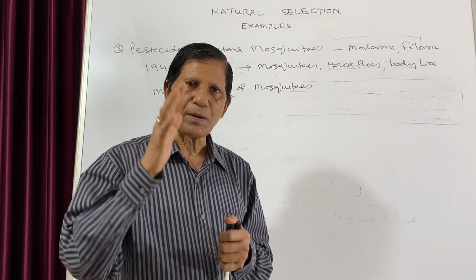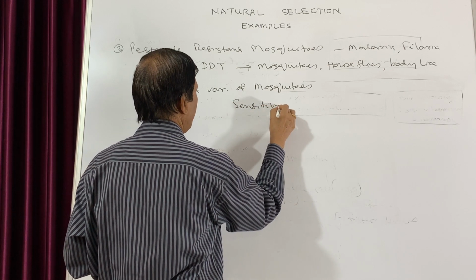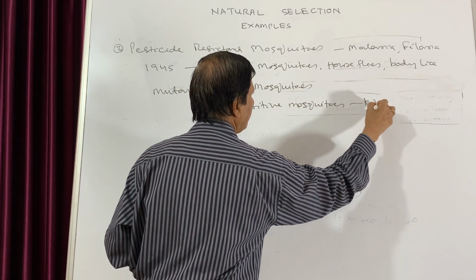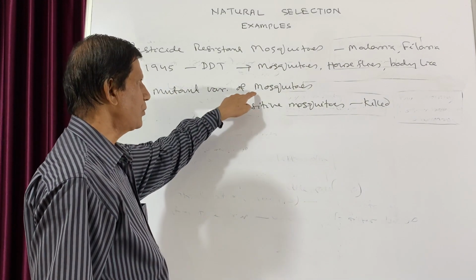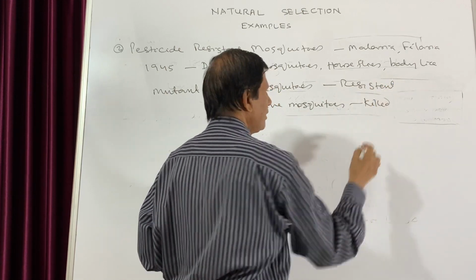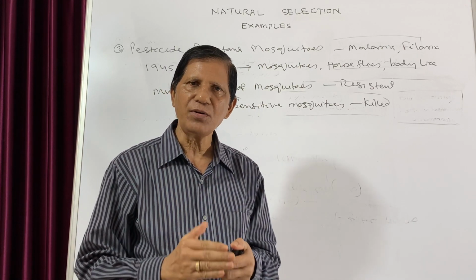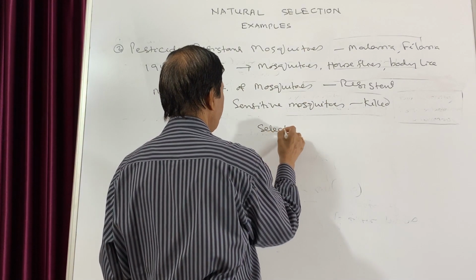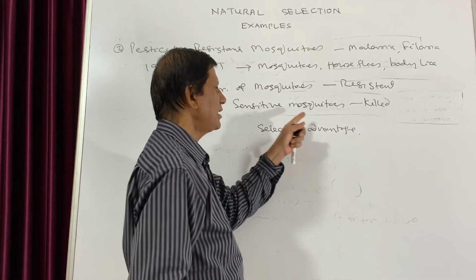Now, when DDT was applied, the sensitive mosquitoes were all killed. Their number decreased rapidly. The mutant variety of mosquito, which is the resistant variety, no longer had any other mosquito to compete with, so it had a selective advantage over the sensitive mosquitoes.